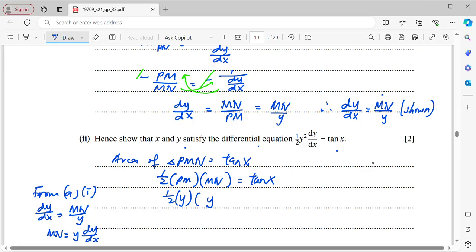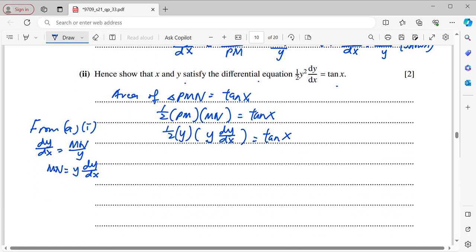So here I will write half y dy over dx, that equals tangent x. Now we need to prove this. So left hand side is half y squared dy over dx. Right hand side is tangent x. So with this, we have shown the differential equation.